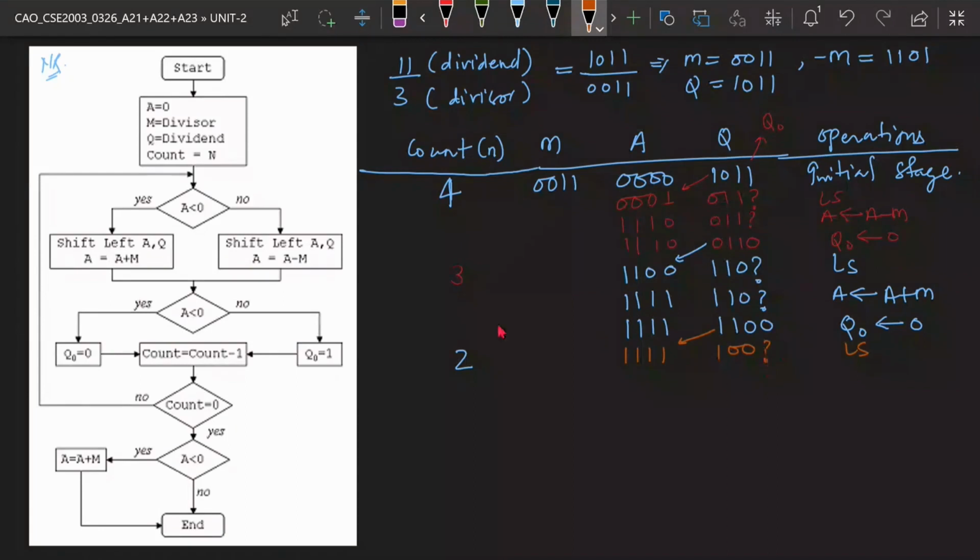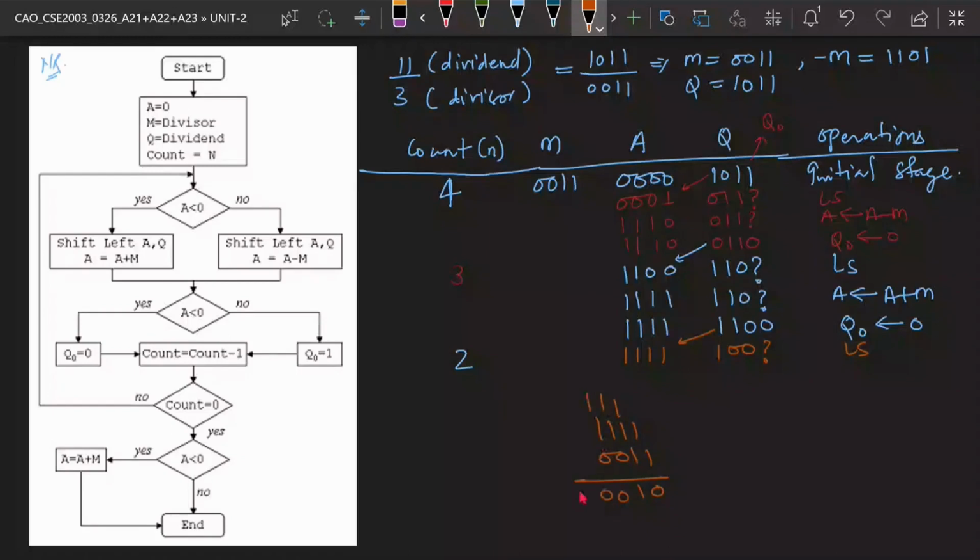Once we have done the left shift, now we need to do A plus M. So the A value is this one, and we need to add M, 0, 0, 1, 1. So once we do the addition, 1 and 1 is 0 with a carry. 1 and 1 is 0 plus 1 is 1 with a carry. 1 and 1 is 0 with a carry. 1 and 1 is 0 with a carry.